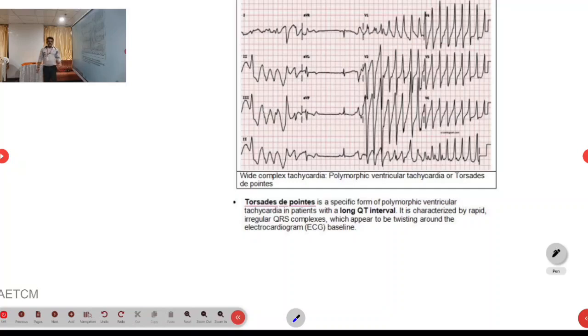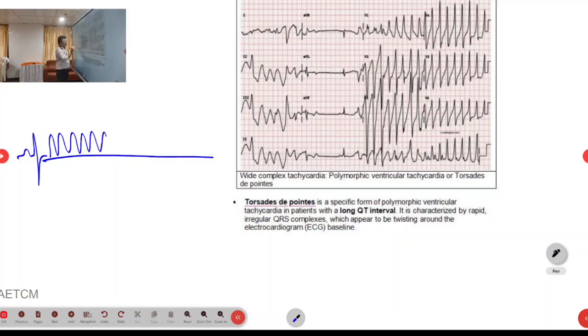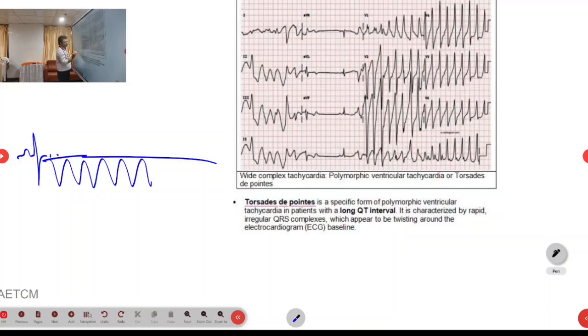Here is another type of VT called Torsades de Pointes. For simple understanding, draw a baseline. Suppose this is the QRS. Monomorphic VT is always like this, either positive or negative.